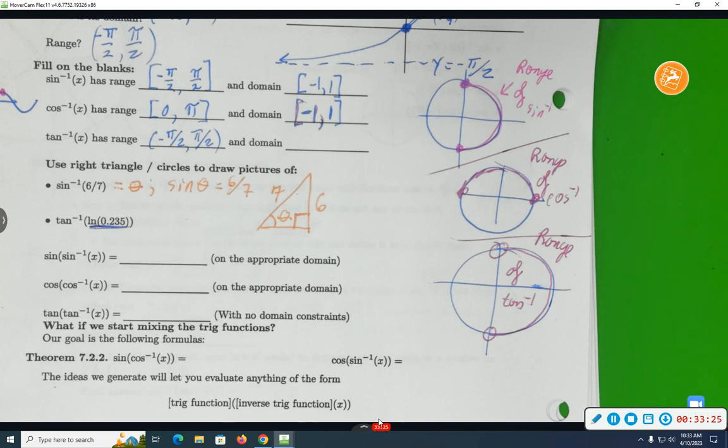Negative. Why negative? Because you turn it into exponential form.